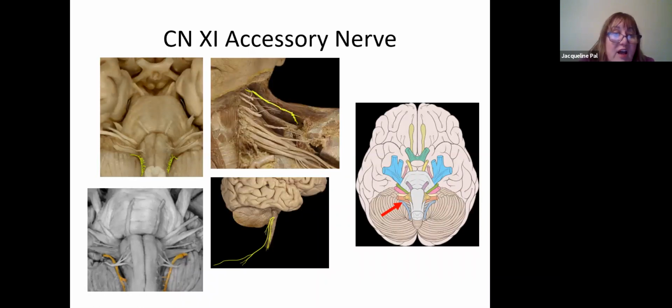And then they merge together and they go through the foramen magnum to re-enter the cranium. And then both the rootlets that are coming off of the medulla oblongata, as well as the ones that came off the spinal cord, will all exit the cranium together through the jugular foramen.